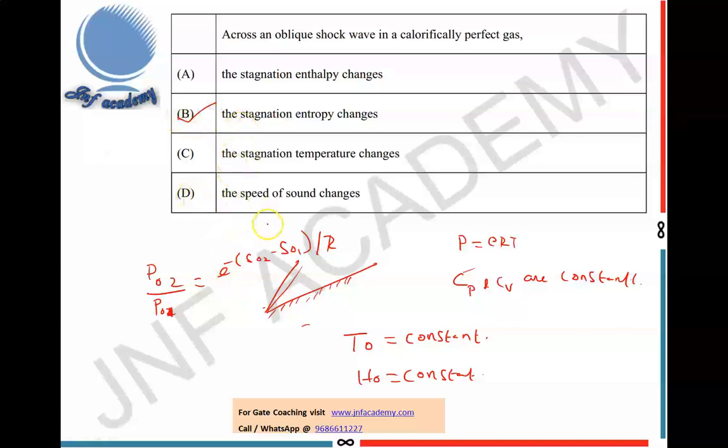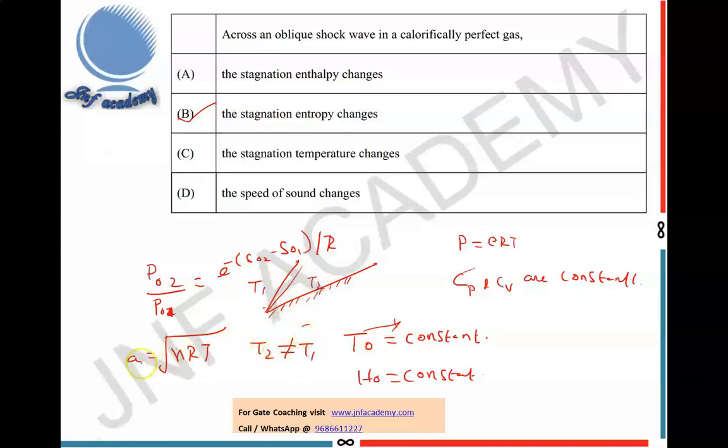Then option D: the speed of sound also changes. What is the equation of speed of sound? A is equal to root of gamma R T. The total temperature remains constant, but the static temperature will be different, right? T1 will not be equal to T2.